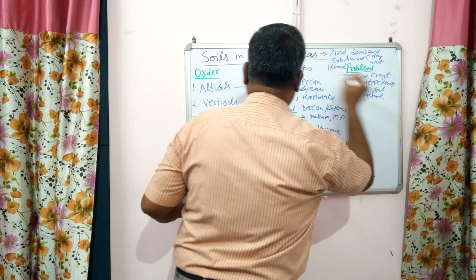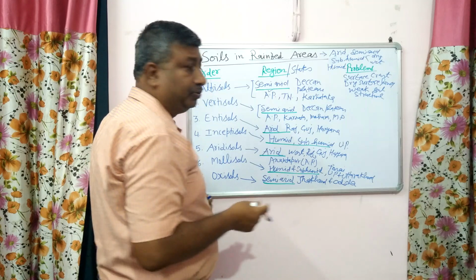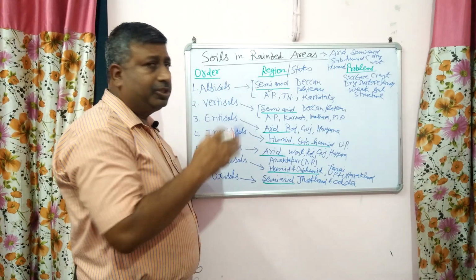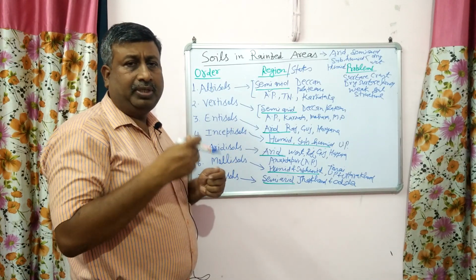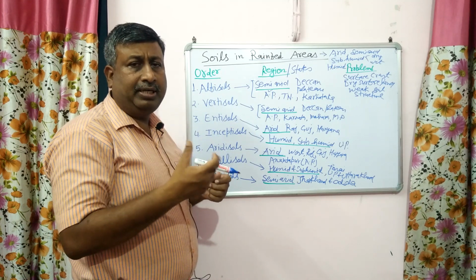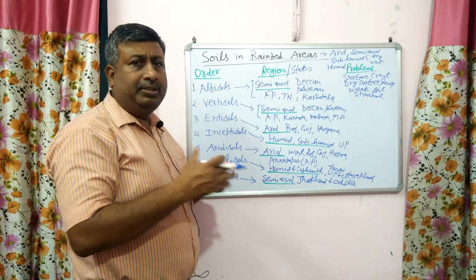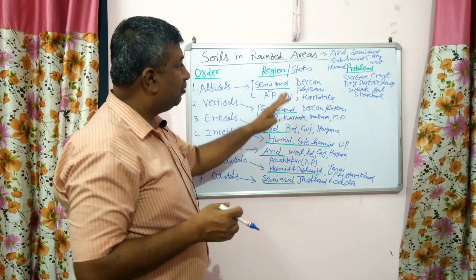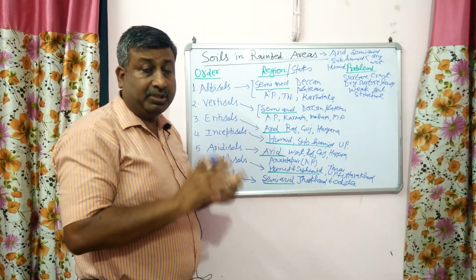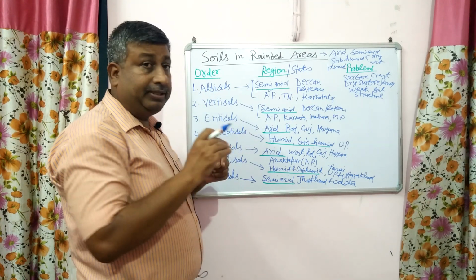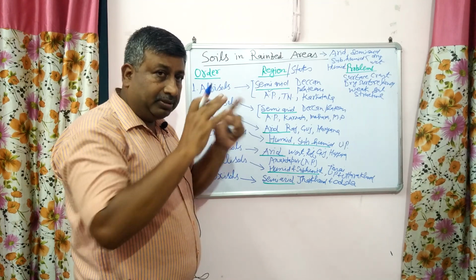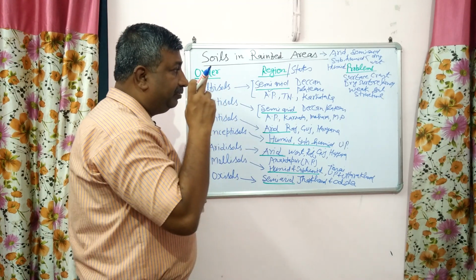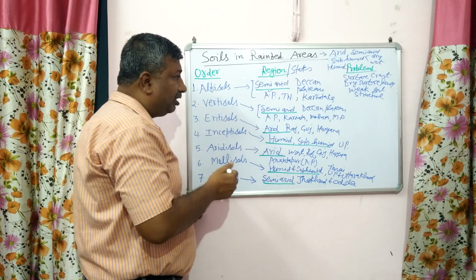Overall, almost all the soils are poor in fertility, nutrients and organic matter content, and susceptible to erosion. These are the common problems, but the specific problems in alfisols are surface crust formation, the surface becoming hard when dry, and weak soil structure.